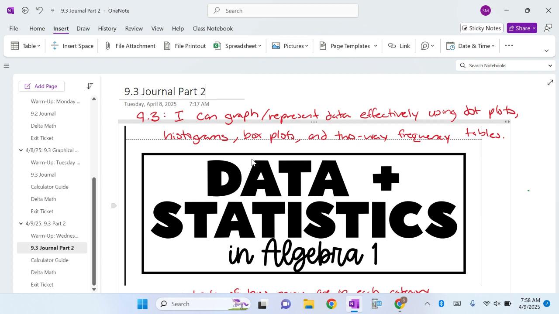Right. So, a dot plot is just a graph, almost like a number line, that keeps track of how often something happens within a certain category. So, you weren't here yesterday. So, for example, let's say we were talking about how many minutes a class works on homework if we took a survey.